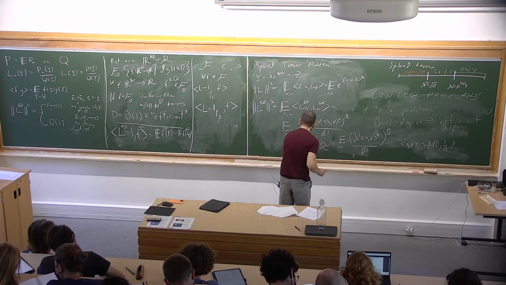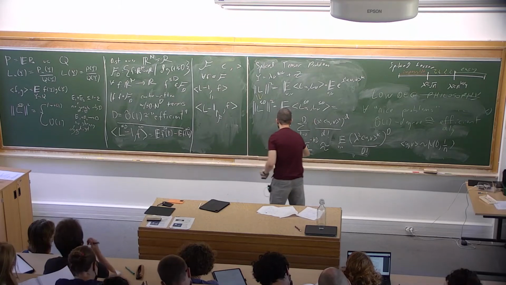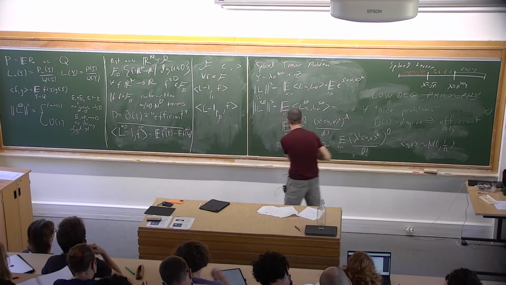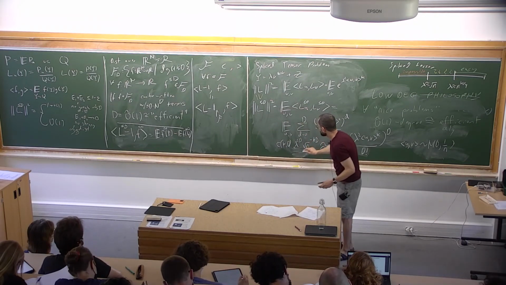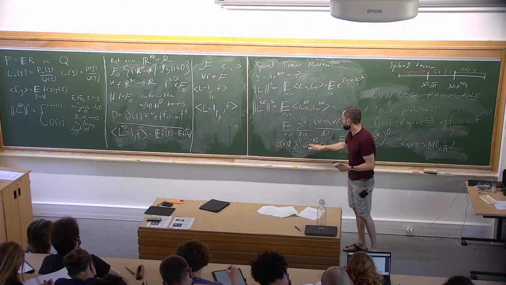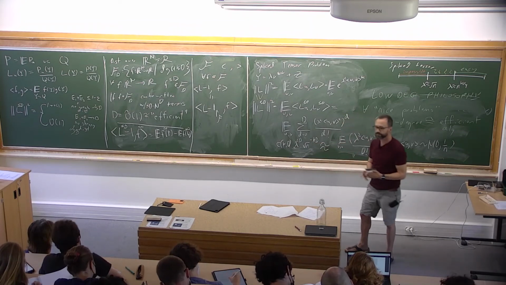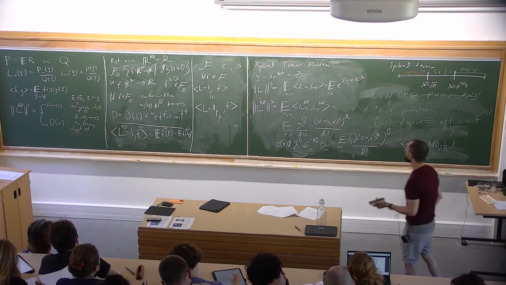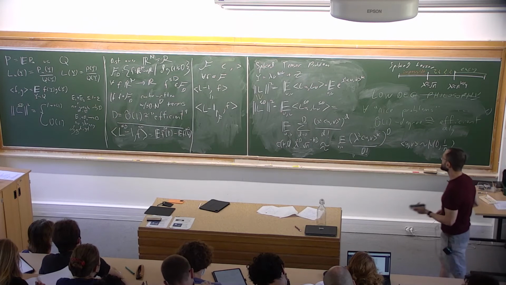So basically, up to some constants that depend on k and d, we get lambda to the 2d times square root n to the minus kd. So now we can see that this goes to infinity.